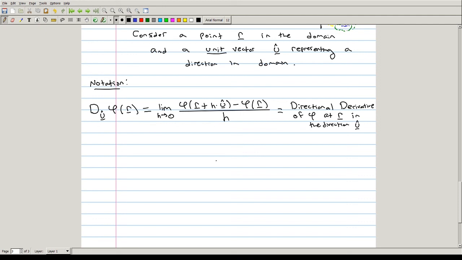The main idea being the following, though: if we're at a point R in three-dimensional space or in two-dimensional space, and we want the directional derivative in the direction, say, of the vector u hat, or I'll make u hat a little bit larger.